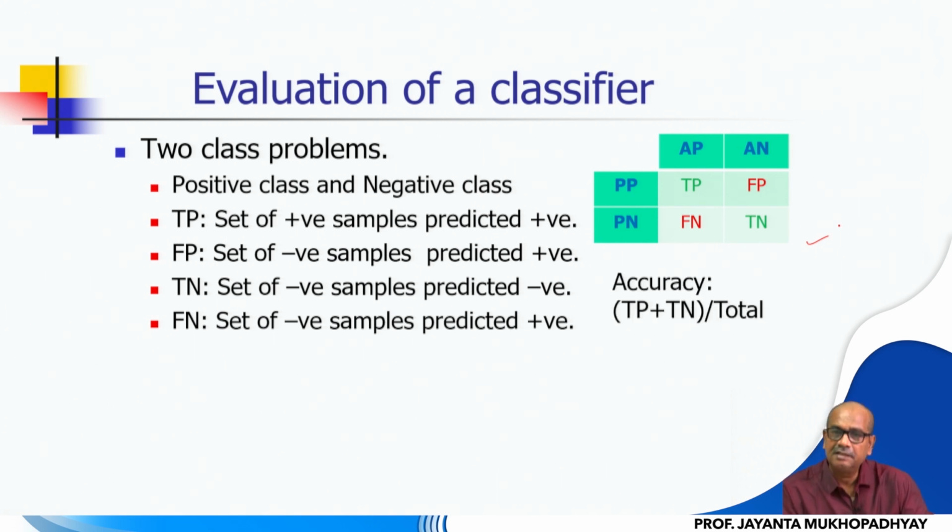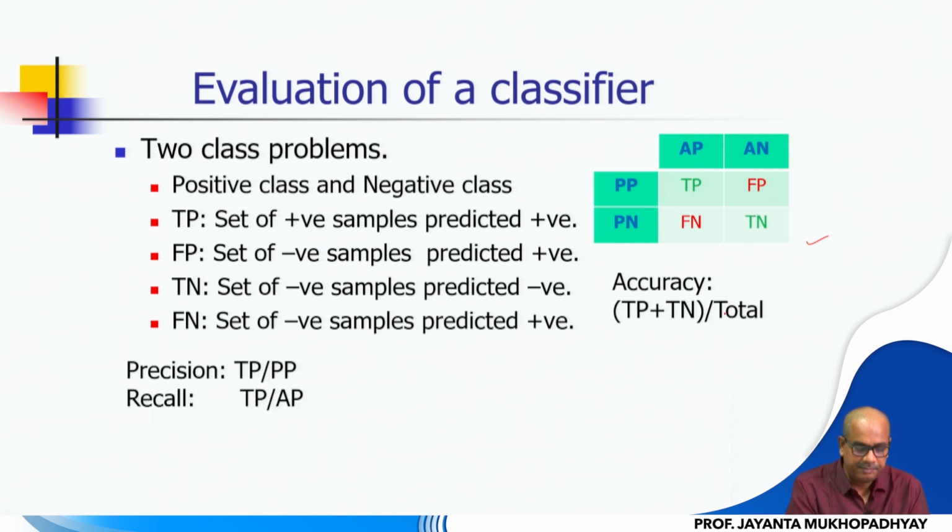So, accuracy is a metric which is defined in this way: the number of true positives plus true negatives, which is true predictions, divided by the total number of cases. Similarly, precision is the number of true positives divided by the number predicted positive. So, what is the fraction of your positive predictions that is true? That is precision. Similarly, what fraction of your ground truth positive samples is correctly identified?